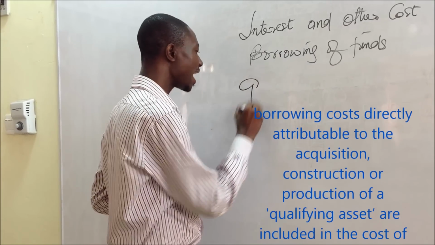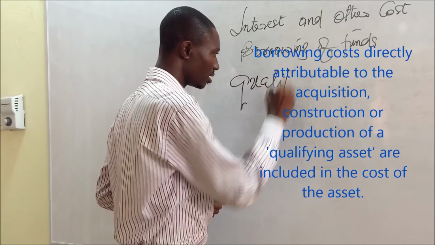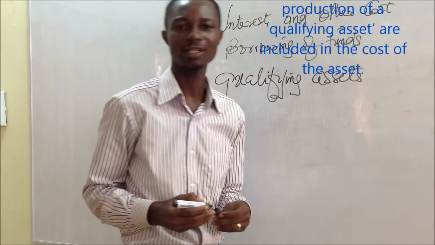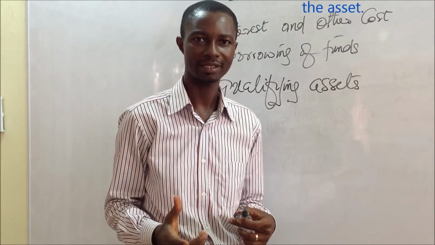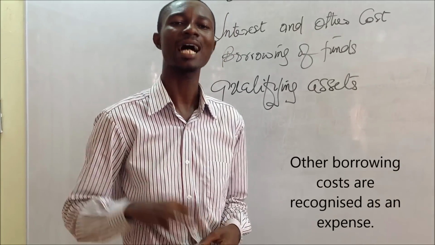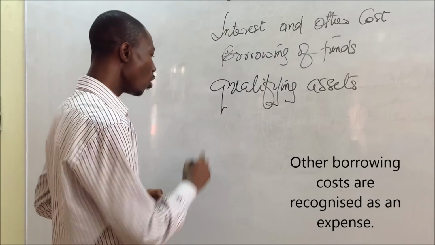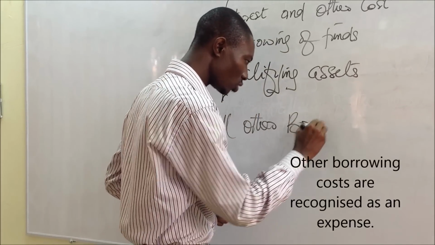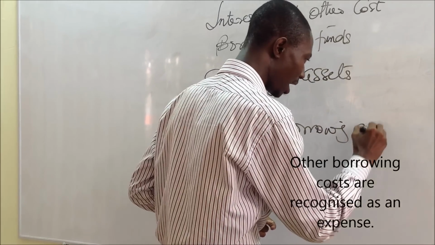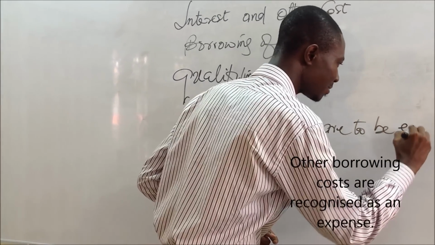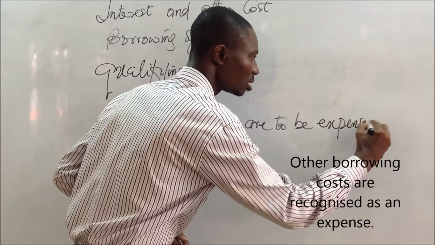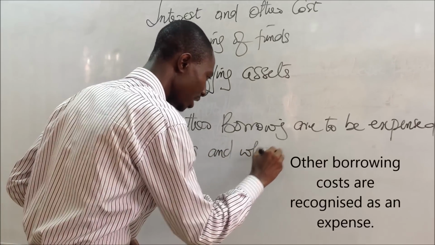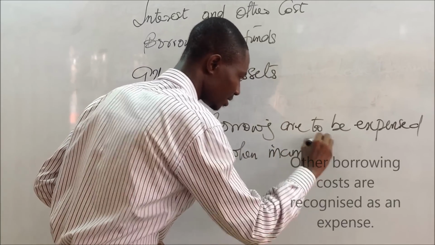From an accounting perspective, borrowing costs that are directly attributable to the acquisition, construction or production of a qualifying asset are supposed to be added to the cost of the asset. Now, all other borrowing costs are supposed to be recognized as an expense, as and when they are incurred, right?